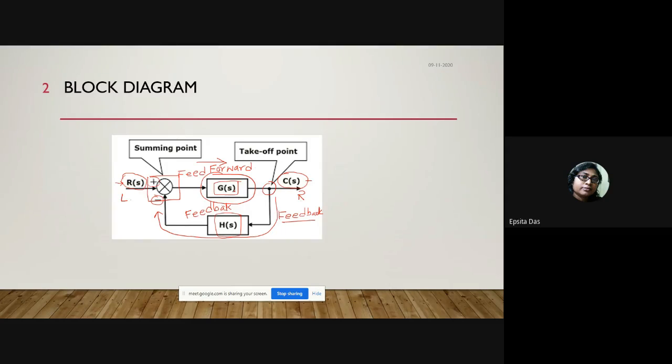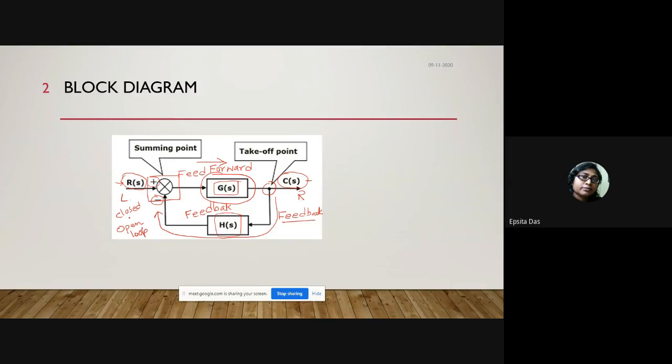We will discuss it later. From here we can also get another type of transfer function, called the open loop transfer function. So we get two types of transfer function: the closed loop transfer function and the open loop transfer function.